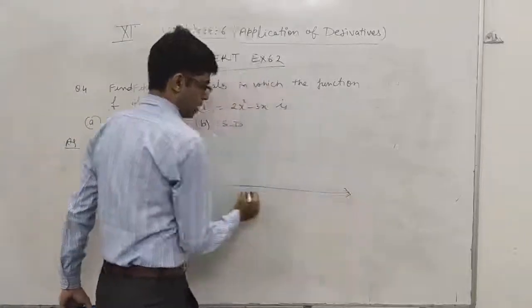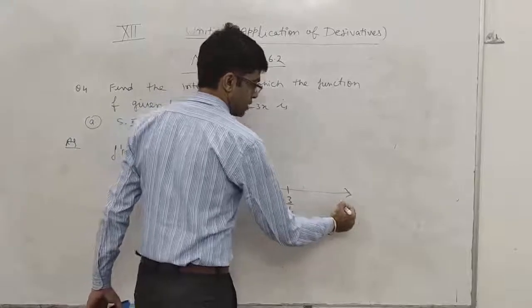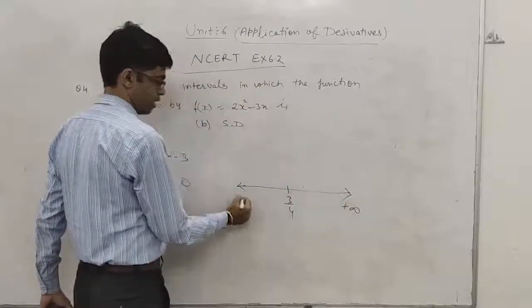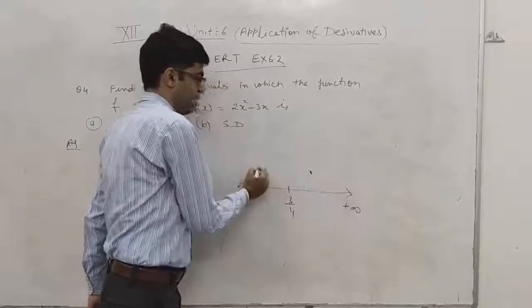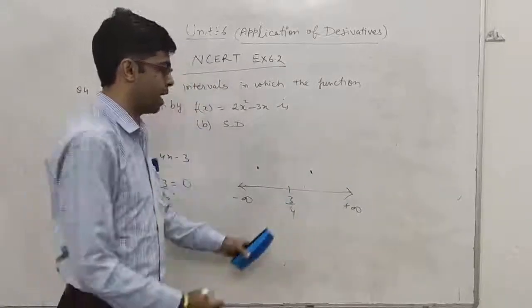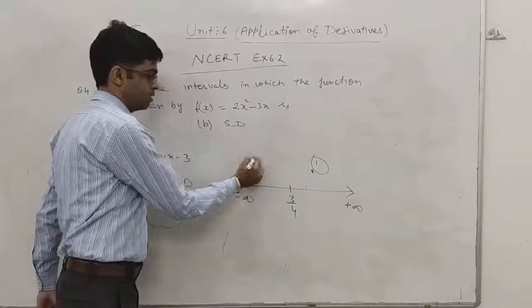Now allocate this critical point on the number line. This is 3/4. Here is positive infinity, here is negative infinity. Now we pick one number in this interval and one number in the other interval. I am taking 1 here and 0 here.